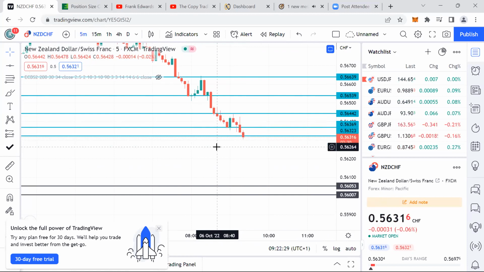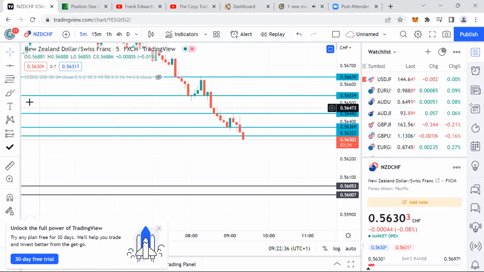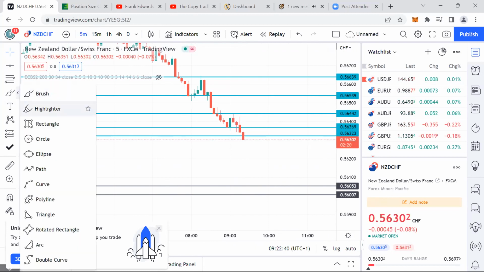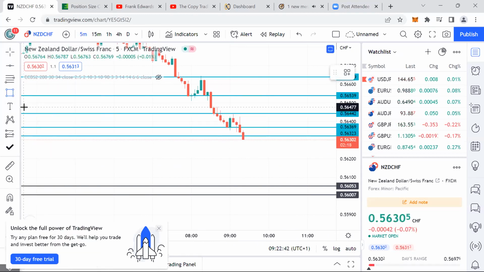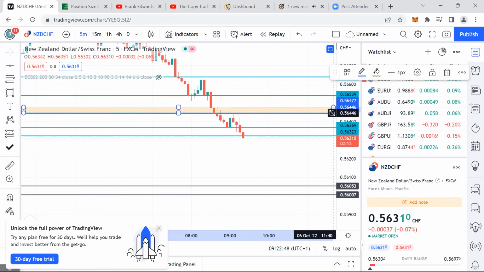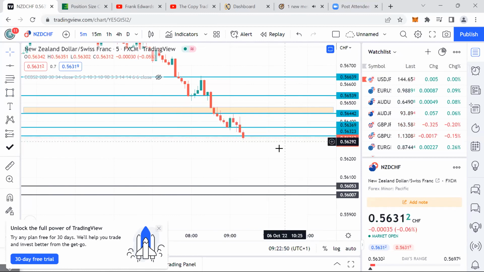So 2 things you can do. You can either jump in now with a small lot size, or if it pushes back up here, because remember the market doesn't go in one direction all the time. Sometimes it will go up, push down.